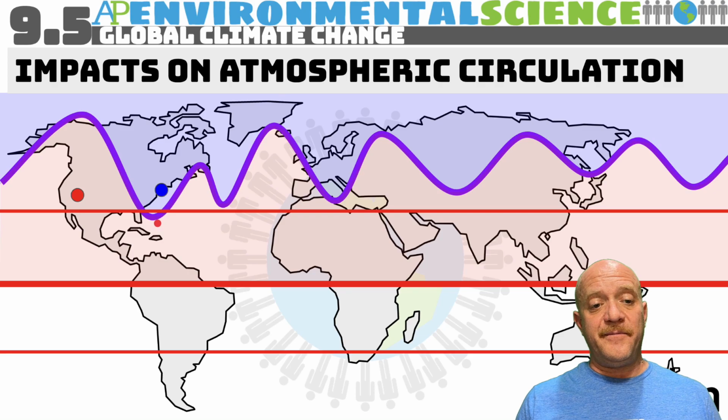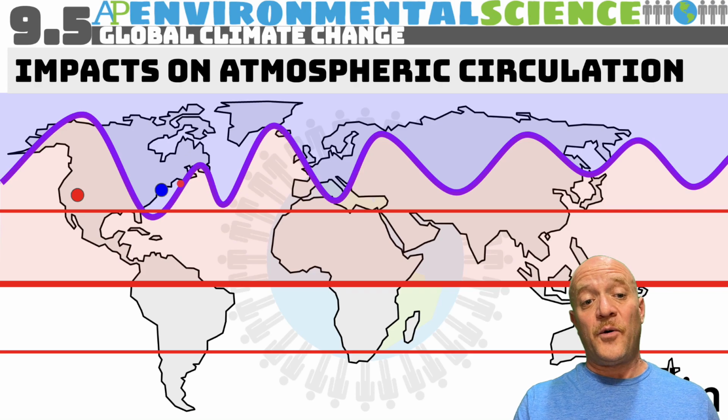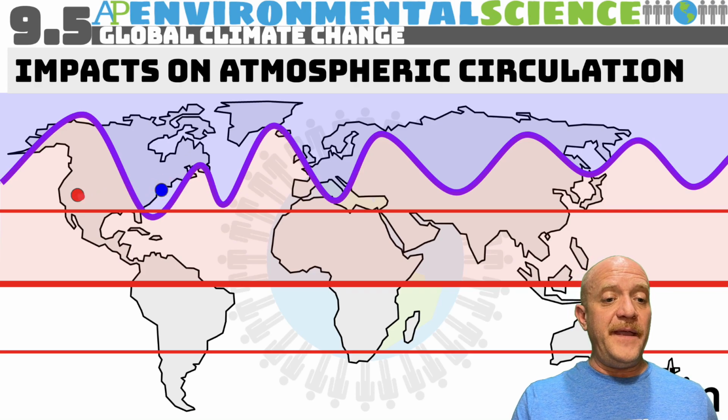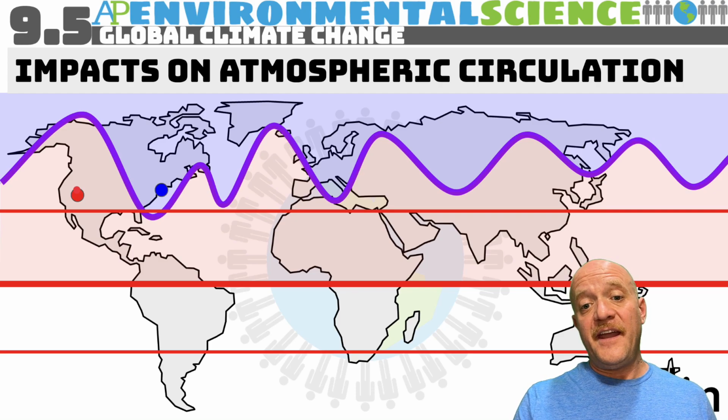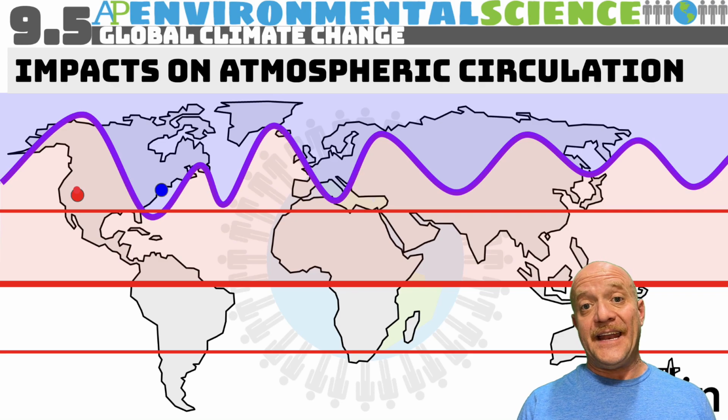Now, this could be a real problem when you have areas that are not used to it being this cold in winter at certain points. Areas out west might be much hotter than they are used to. So global climate change doesn't mean that it's getting warmer.